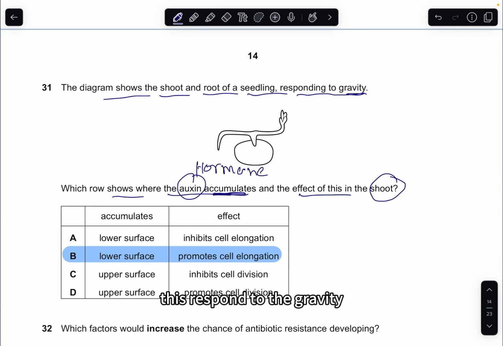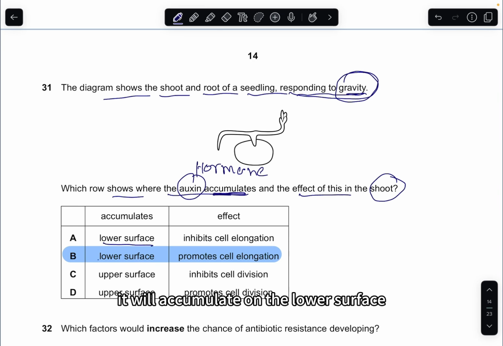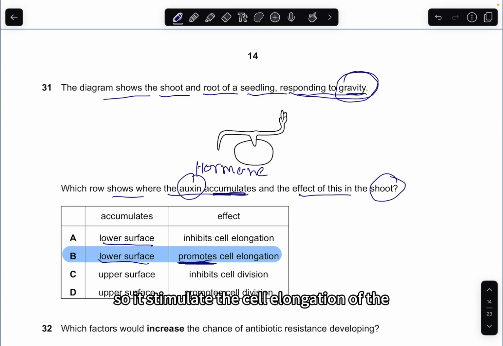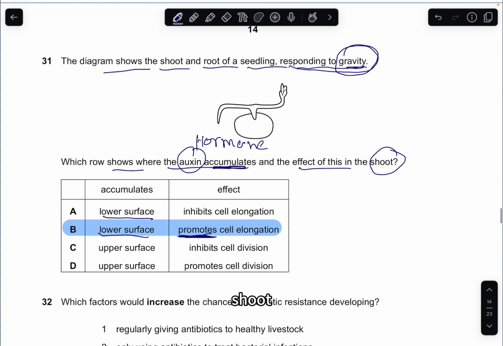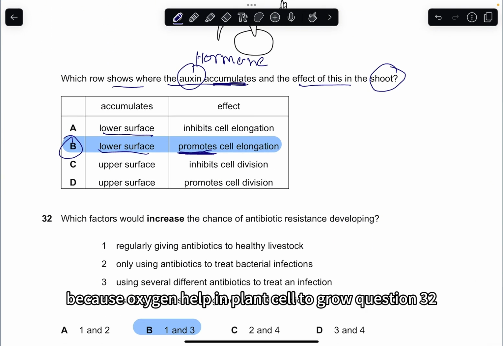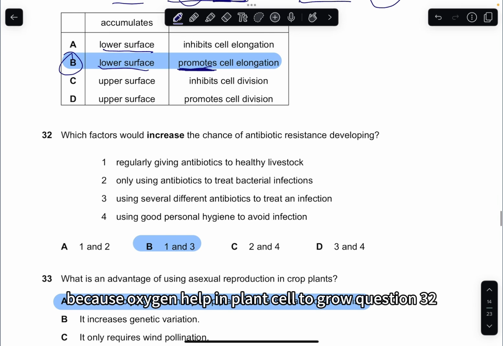They ask you about the response to gravity. In gravity it will accumulate on the lower surface, and it increases the cell elongation. So it stimulates the cell elongation of the shoot. So the answer is B, because auxin helps plant cells to grow.